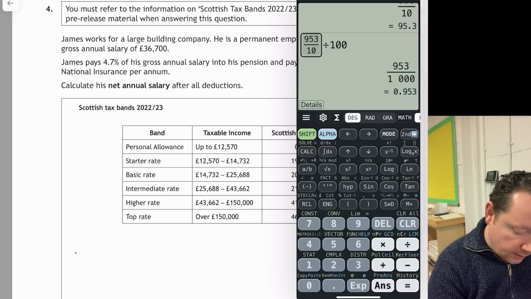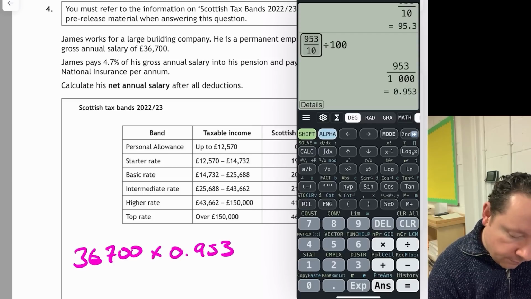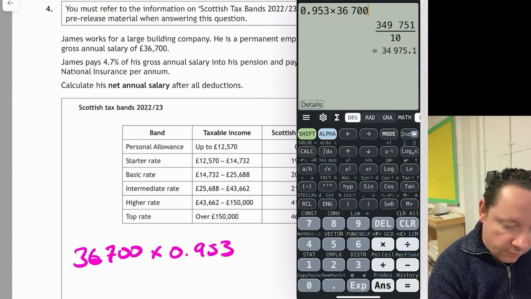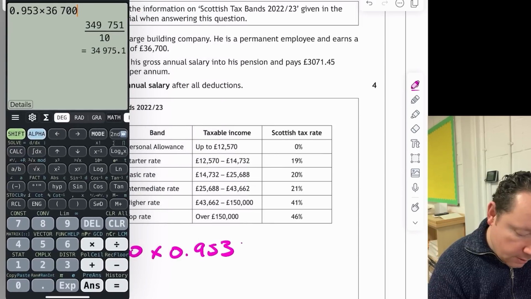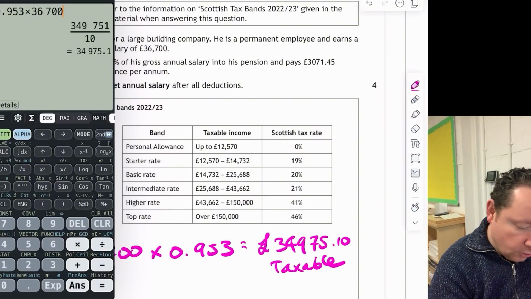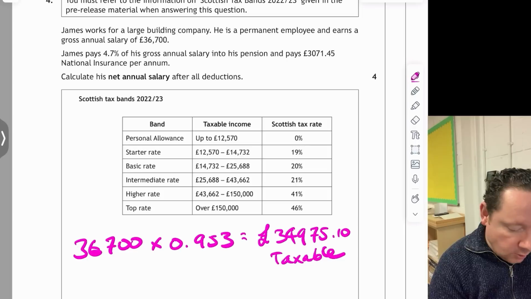So I'm going to do 36,700 times 0.953. 0.953 times 36,700 is £34,975.10. 34,975.10 is his taxable income. Right, now we need to use our table to work out the tax in each band.